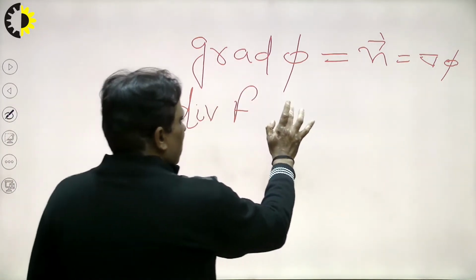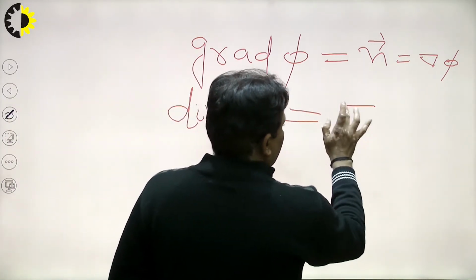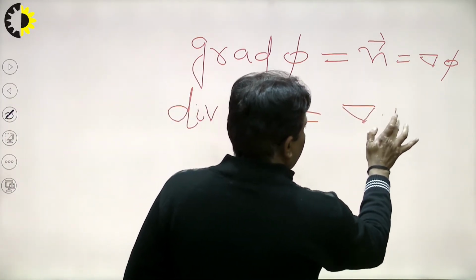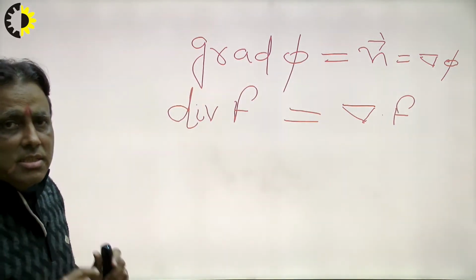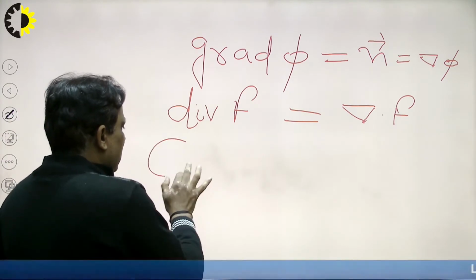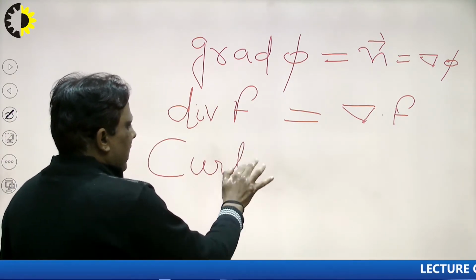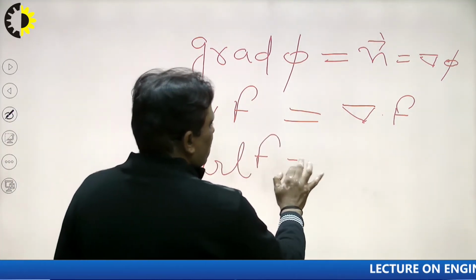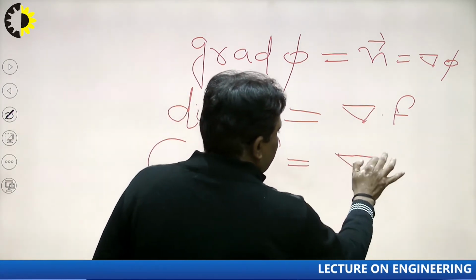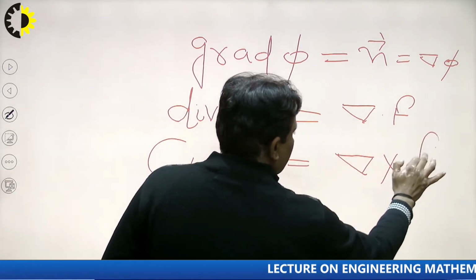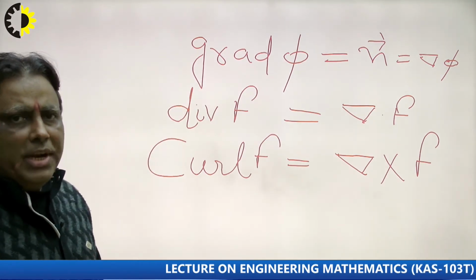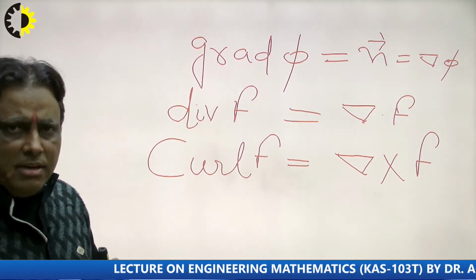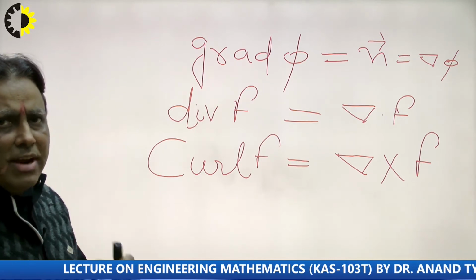What is the role of this? Del dot F, and this will be a scalar quantity. And next, curl F is equal to del cross F, I write here del cross F. In this way we calculate three different things, grad, divergence and curl, in vector calculus.